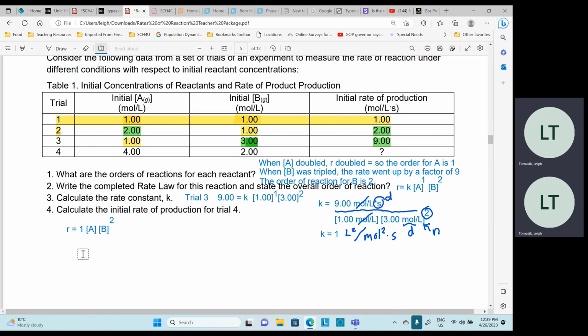Not for all reactions, just for this one. So the rate is equal to the concentration of A, in this case 4, and the concentration of B is 2.